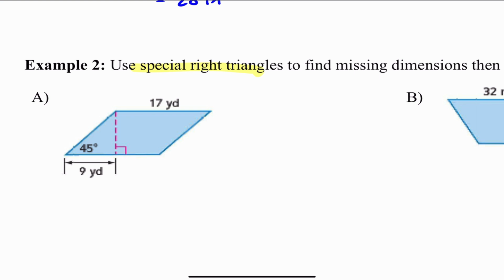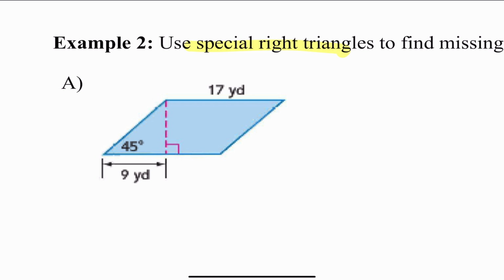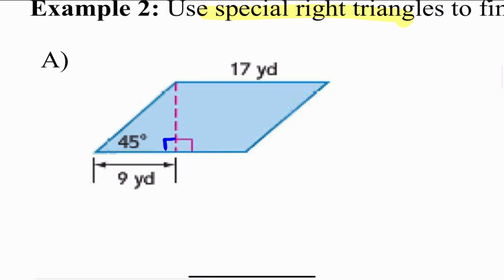Here's a 45, 45, 90 scenario. How do I know? Well, of course, this is the base, this is the height, they intersect at a 90-degree angle, so I'm going to draw that 90-degree angle, or that square. This is 45, this is 90, and of course this is 45.